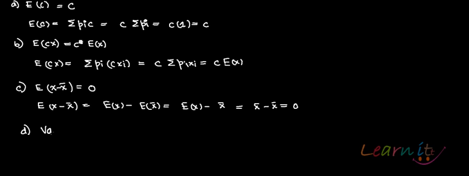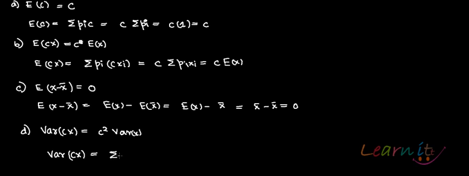What is variance of cx? It should be c square variance of x. So how do you write variance of cx?